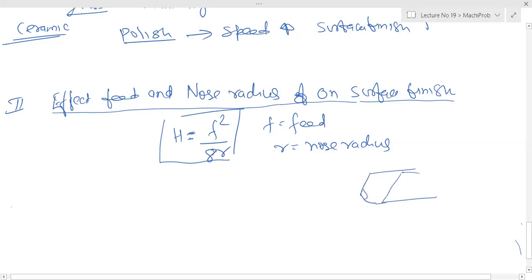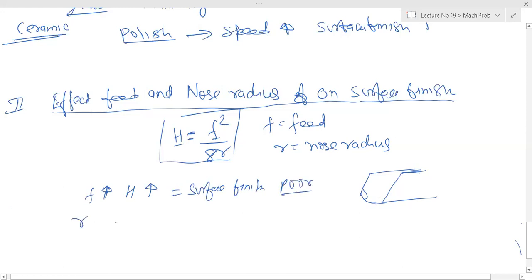Basically, nose radius is provided to avoid stress concentration and to make the tool stronger. So when feed increases, your H increases, means surface finish very poor.